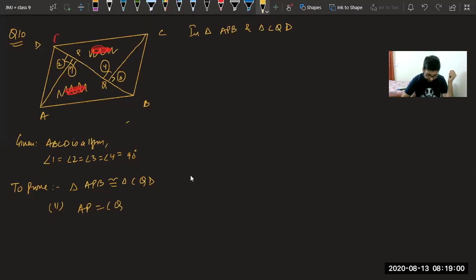Okay, angles are equal, right angle, good. First thing given to us is it is a parallelogram. We can say AB equal to CD, the easiest one, because opposite sides of a parallelogram are equal.